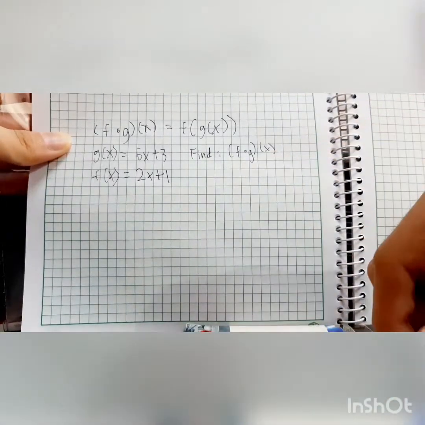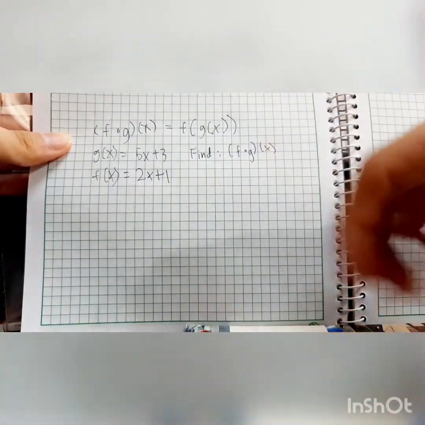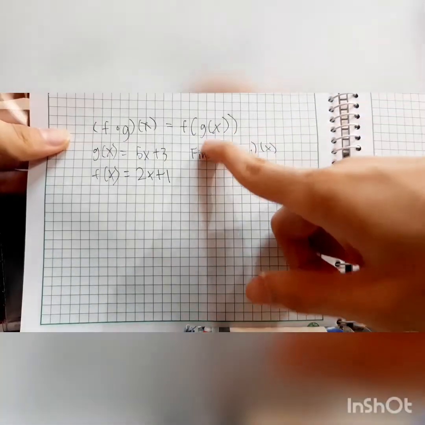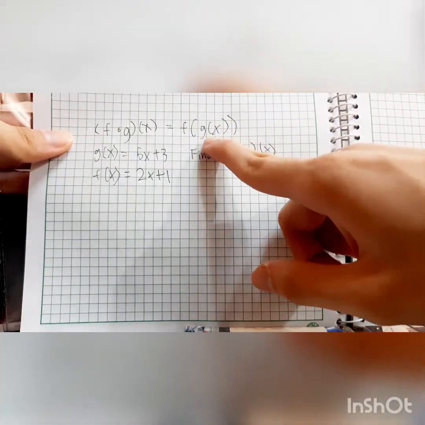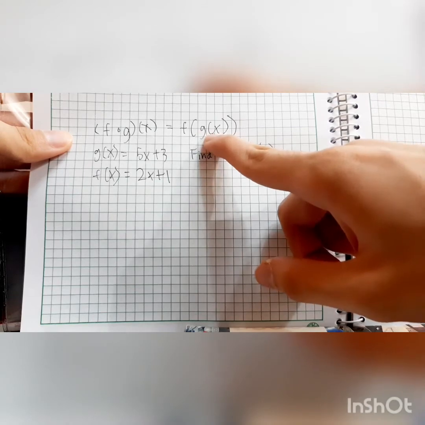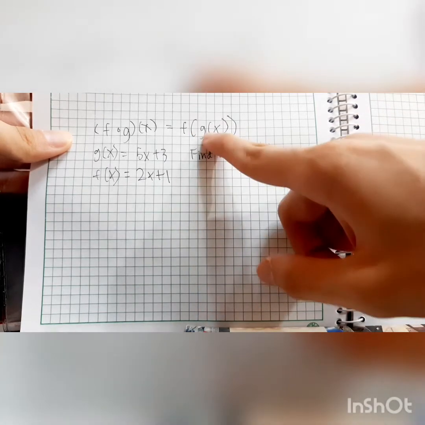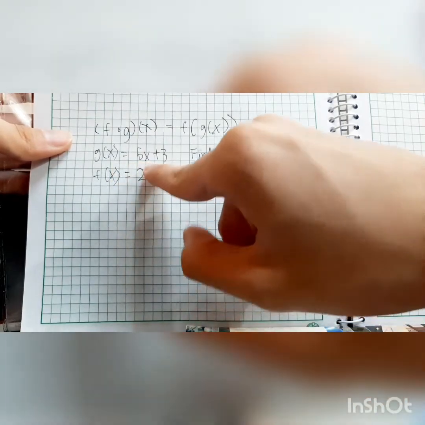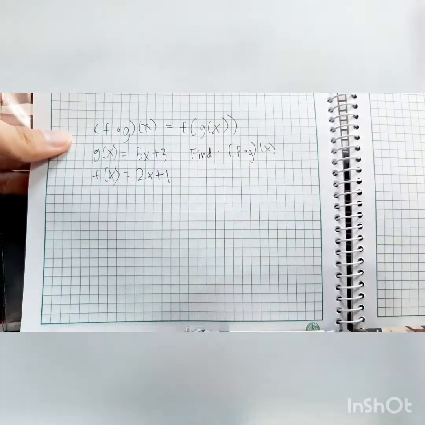How do we do this? Step by step. Okay. First of all, we should look at this again. Take a look at this. We're doing this in the first step. We're going to plug in our g of x inside f. What's our g of x? It's right here. It's 5x plus 3.